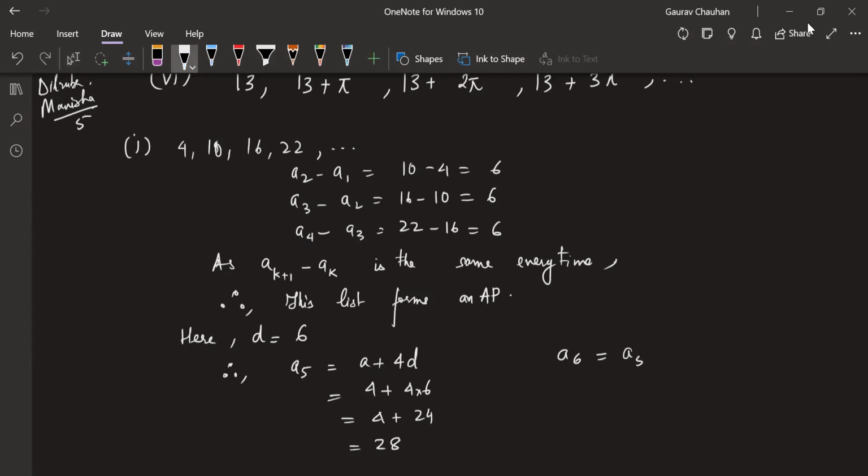So you can write here A5 plus D, that's equal to 28 plus 6, that's equal to 34. So I'm going to give Dikshit and Manisha 5 this time. Very good response here, both of you. Yes, both ways are fine.